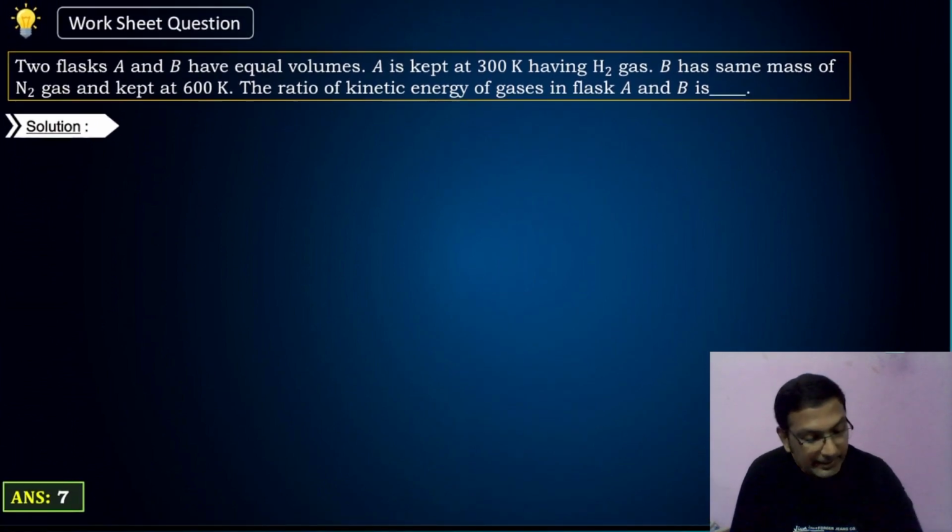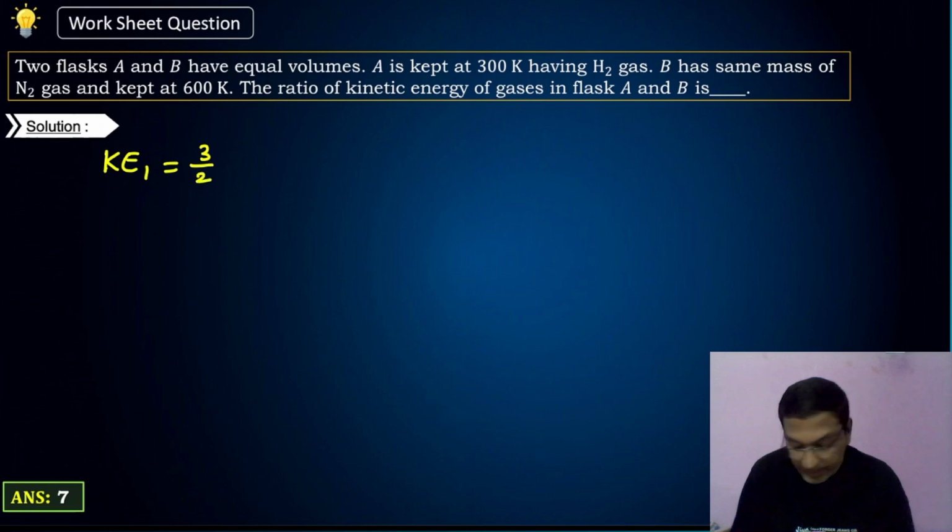Two flasks A and B have equal volumes. A is kept at 300 kelvins having H2 gas and B has same mass of N2 kept at 600 kelvins. Ratio of kinetic energy of gases. Kinetic energy ratio. Suppose first Ke1.